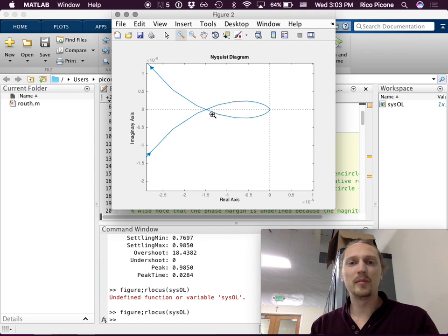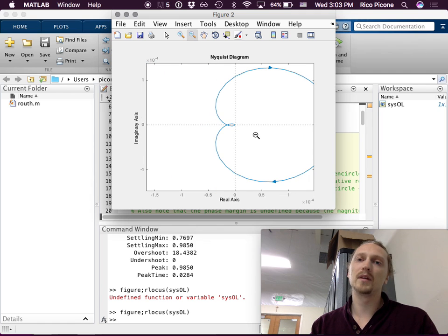And that loop means that at some point when we keep increasing this gain, we're going to have encirclements. We should also check in what direction they're going to be. They're going to be clockwise encirclements. Actually, there are going to be two clockwise encirclements.